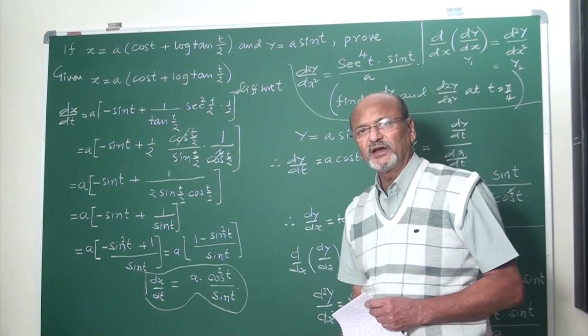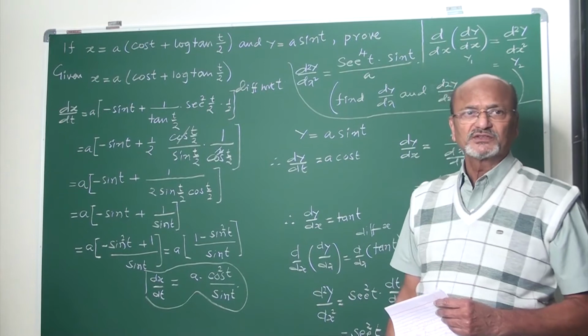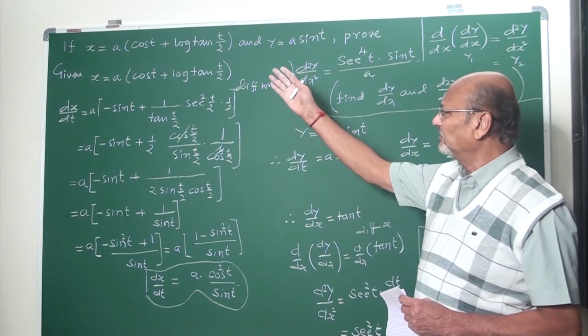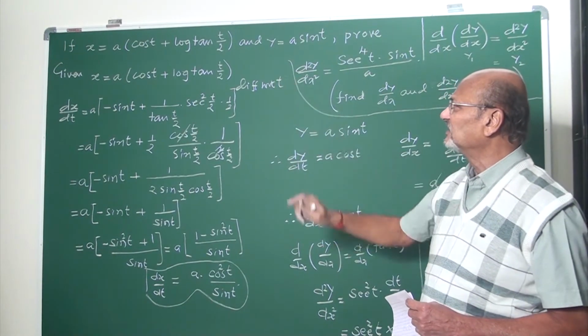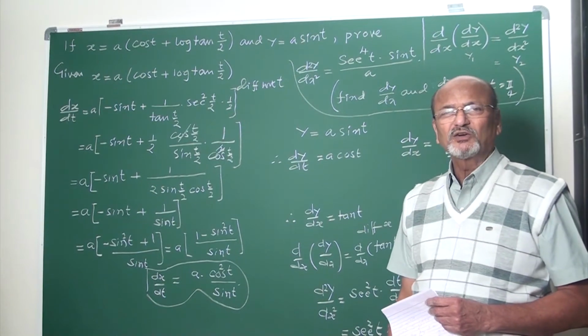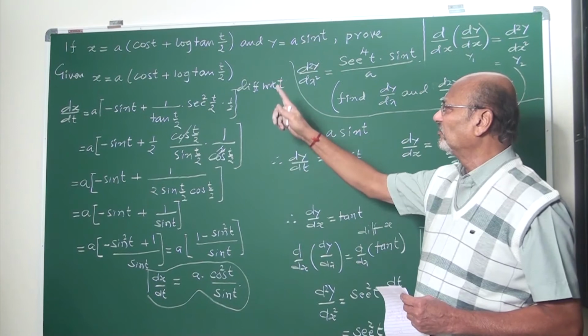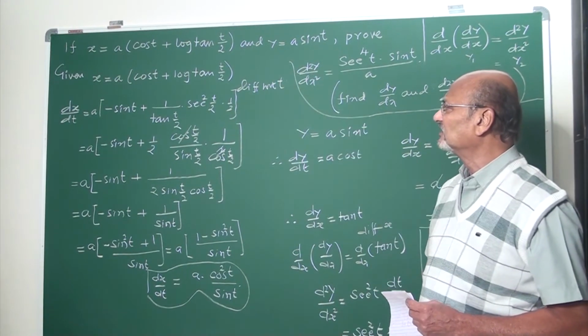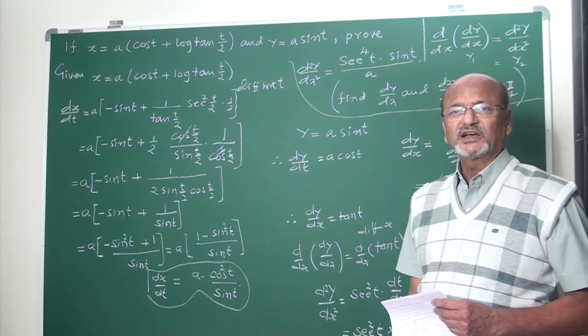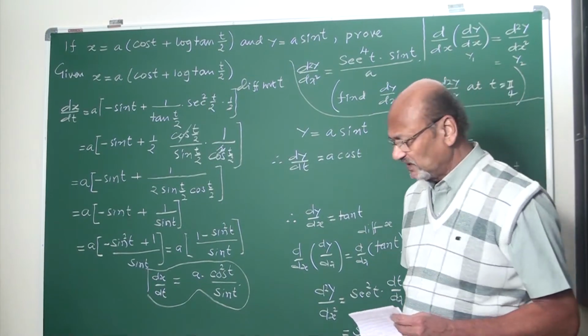The only thing left is to find the second derivative. Anyway, I am repeating this once again because it is a lengthy example and needs its explanation once again. I will explain everything once again, then we go for the second derivative.